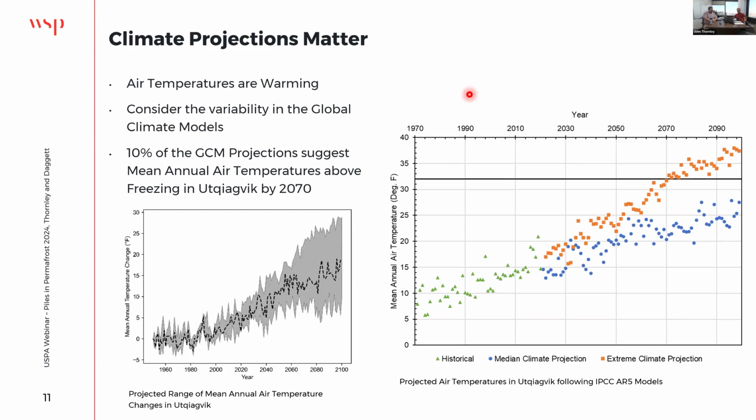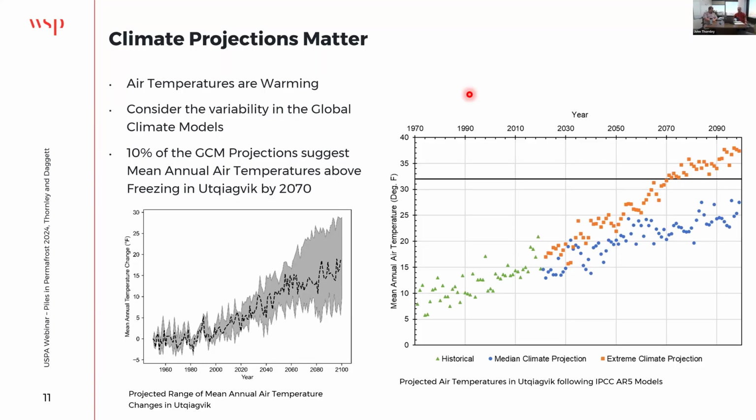And the extreme is the 90th percentile of our global climate models. So this already tells us that 10% of the global climate model projections suggest that the mean annual air temperature will be above 32 degrees by 2070.